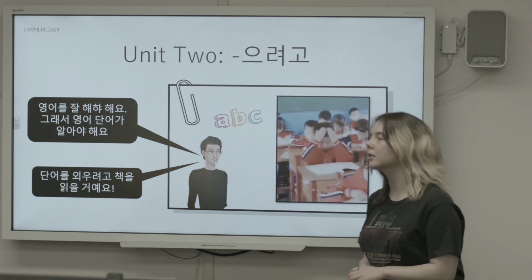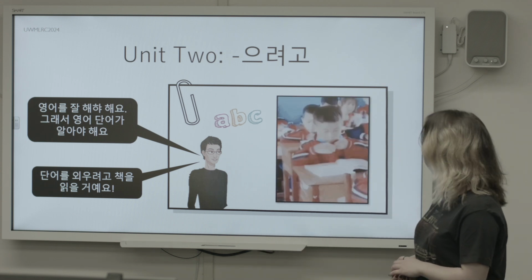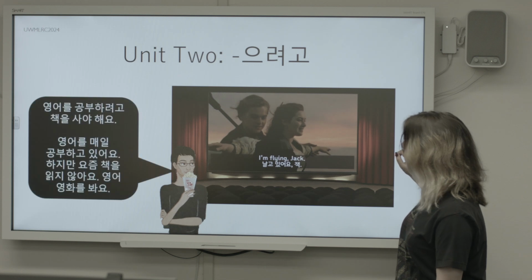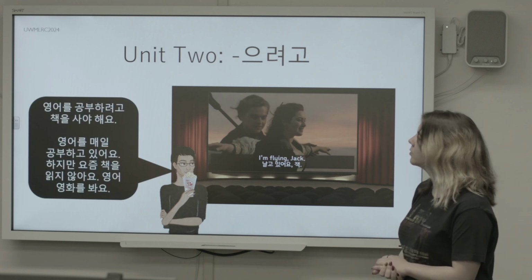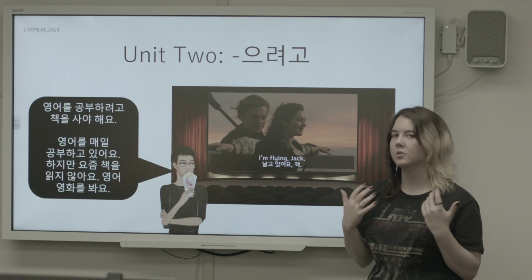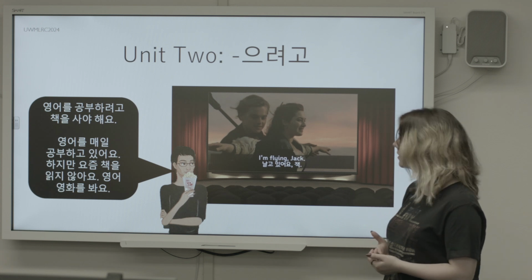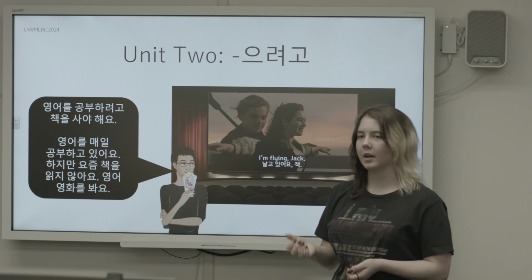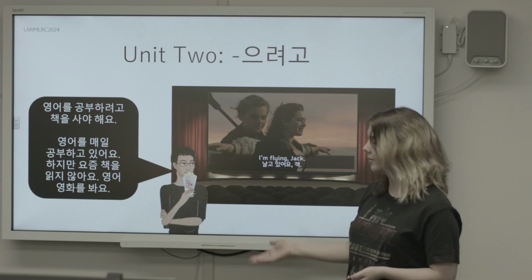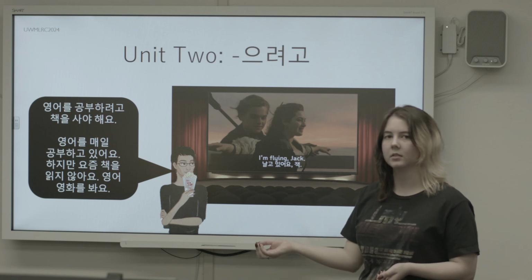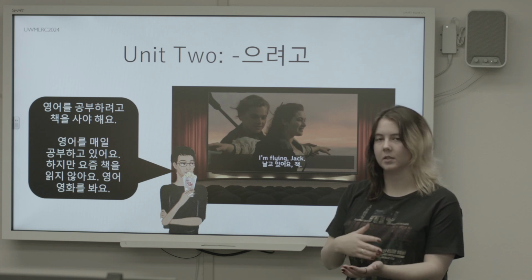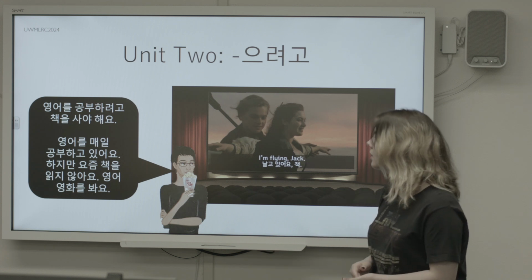I'm going to read books in order to memorize English vocabulary. 영어를 공부하려고 책을 사야 해요. In order to study English, I have to buy books. 영어를 매일 공부하고 있어요. I am studying English every day. 하고 있다, or 고 있다, to be doing something continuously, routinely, or an ongoing action.